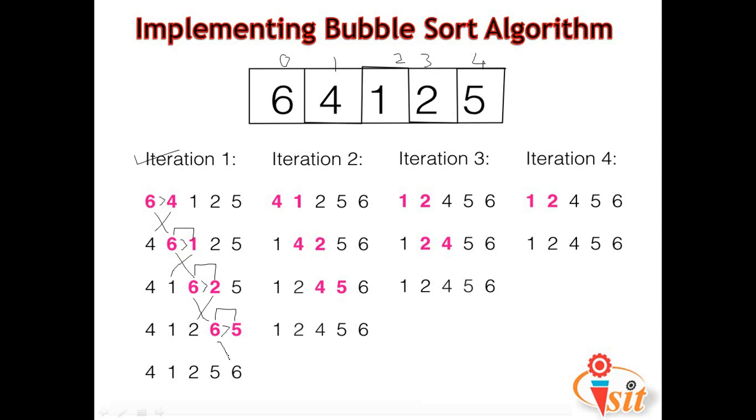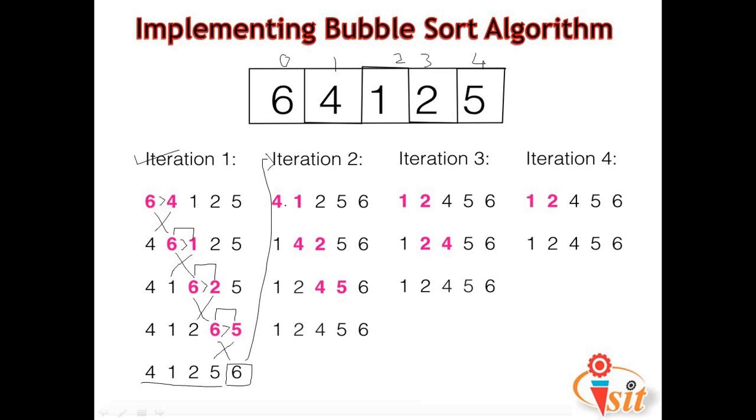In that case again we need to do the swapping. So 6 comes here, 5 comes here. Now check here, the largest element from the given list has come to the last position. Now the remaining elements are 4, 1, 2, 5. It moves to iteration number 2.